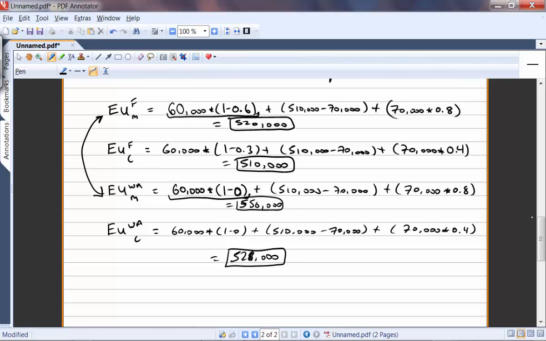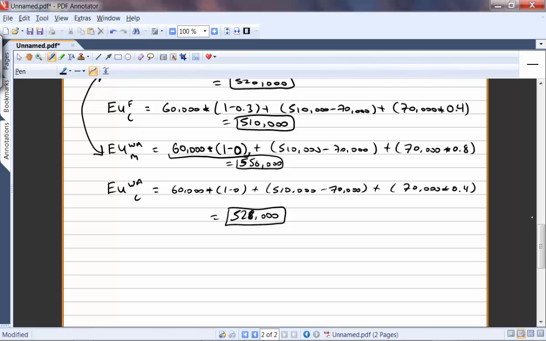Both methods are wrong in their assumption, right? Under FIFO, there aren't 24,000 units that are 0% done. No, all the units are 60% done. But FIFO assumes that 24,000 of them are 0% done. Weighted average assumes that all of them are 0% done. And so you can quickly see that there's a relationship.